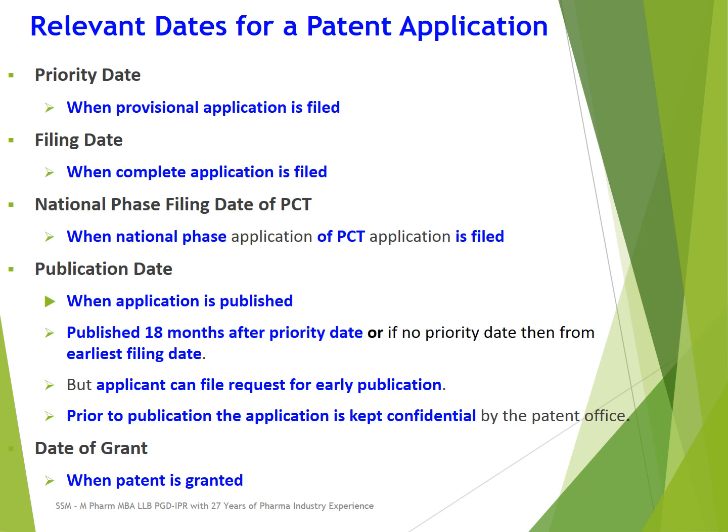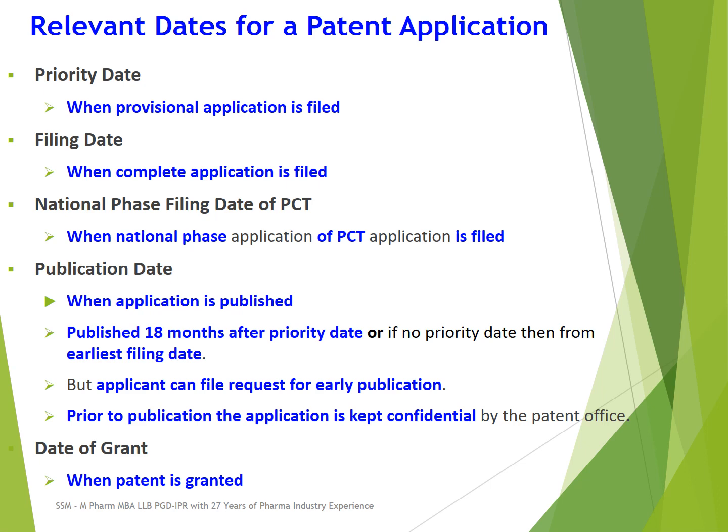Each application will be compulsorily published 18 months after the priority date or earliest filing date. So every application will be published by the patent office after 18 months from the priority date or earliest filing date. But the applicant can request earlier publication also.